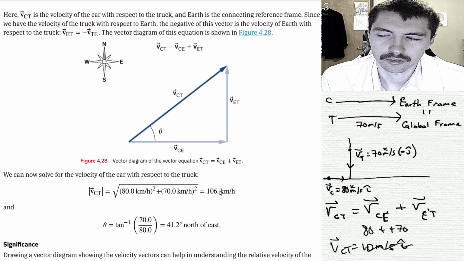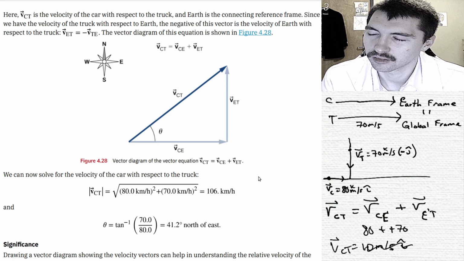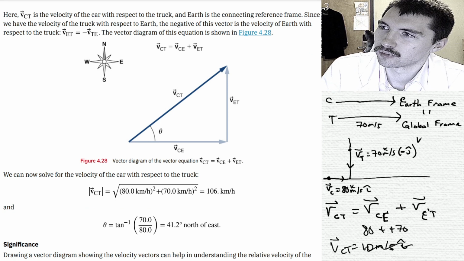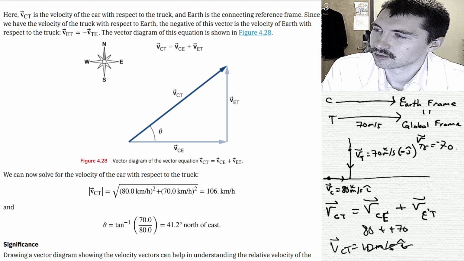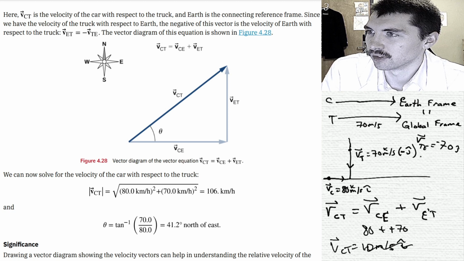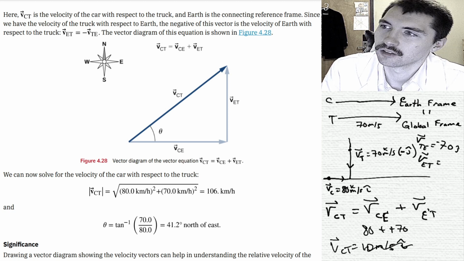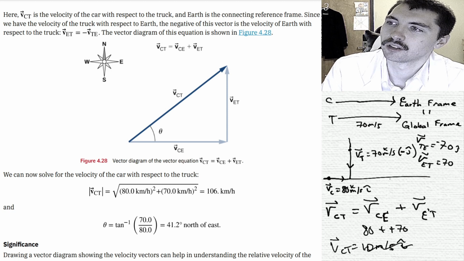Okay, so yeah, we had to convert this to that. So we had VTE equals negative 70 J. So then VET is 70.